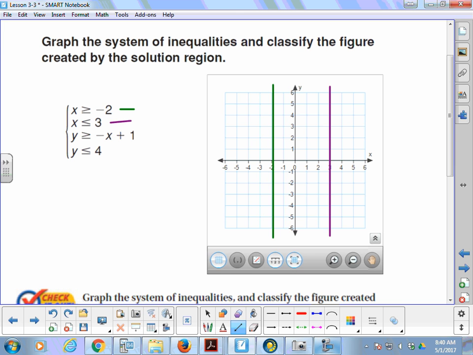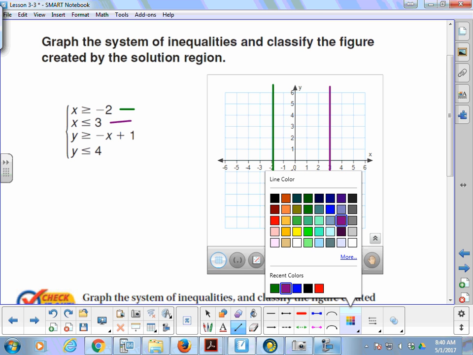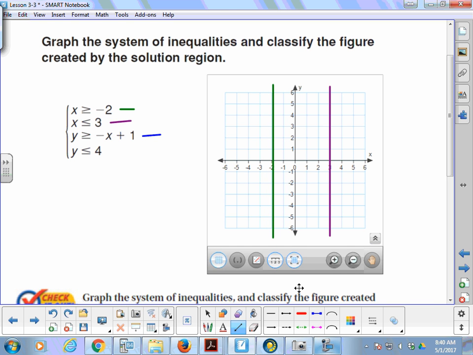y is less than or equal to -x plus 1. We'll do that one as blue. That has a y-intercept of 1 and a slope of -1.